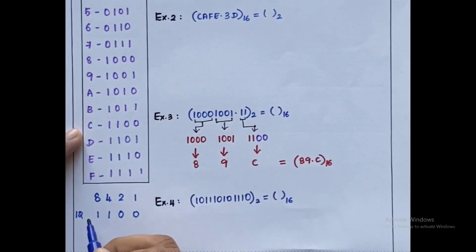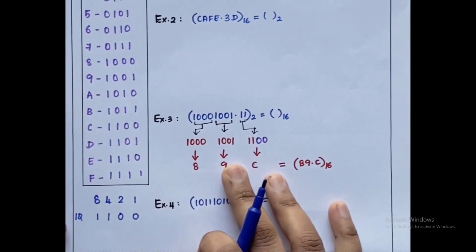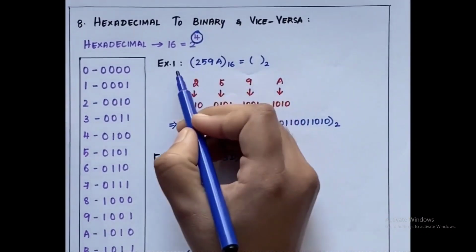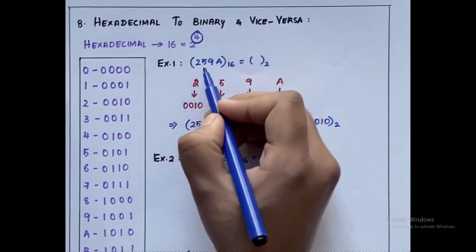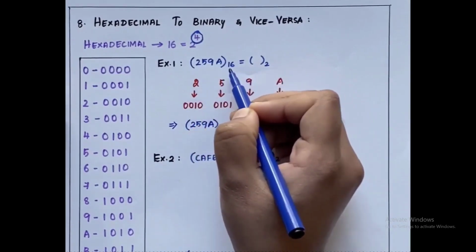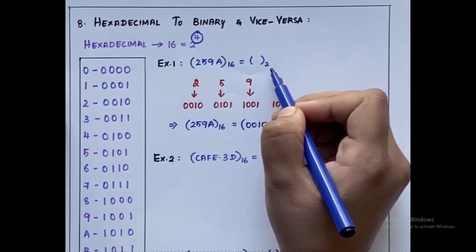We have to know this table to make a conversion from hexadecimal to binary. Now let us see an example. The first example is 259A, a given hexadecimal, and we have to convert it to the equivalent binary value.